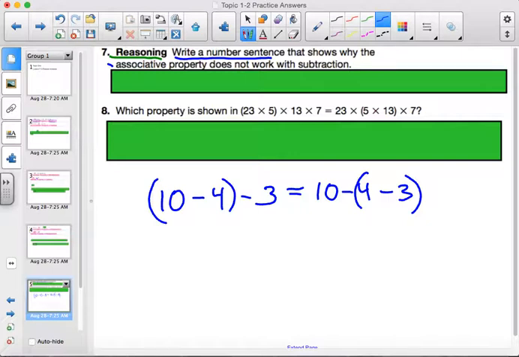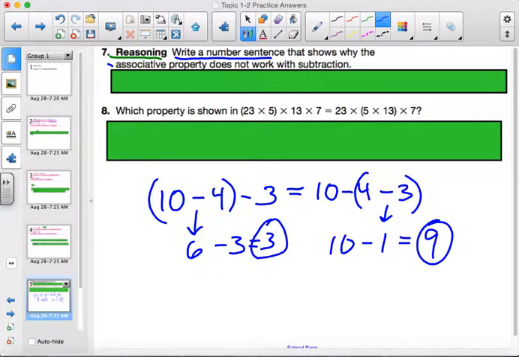Now, is this going to work? Well, 10 take away 4 is 6, 6 take away 3 equals 3, right? And then over here we'd say, well, let's do what's in parentheses first. 4 take away 3 equals 1, and then 10 take away 1 equals 9. Oh, those are two different answers, so it does not work. Did anybody happen to use the does not equal sign? No? That's all right.